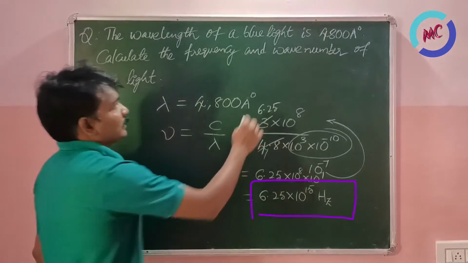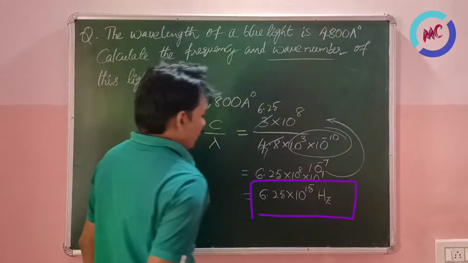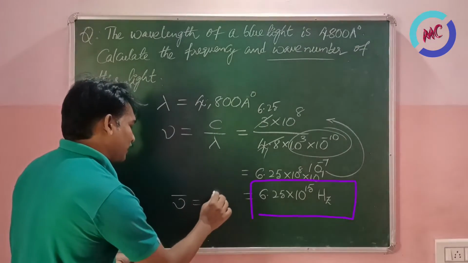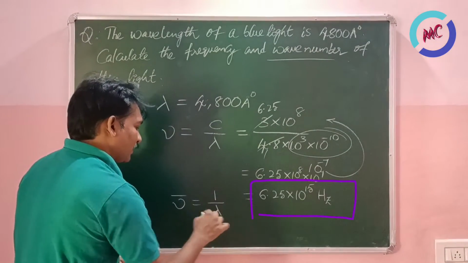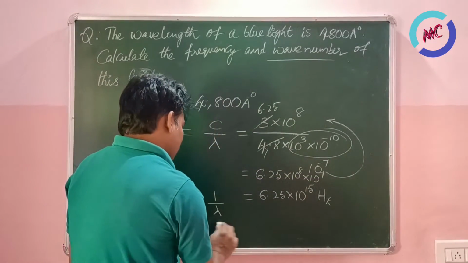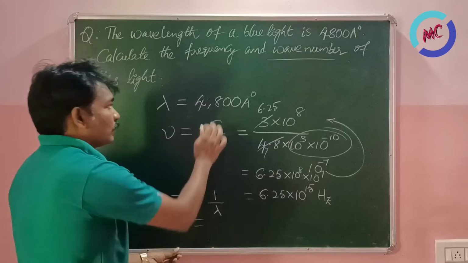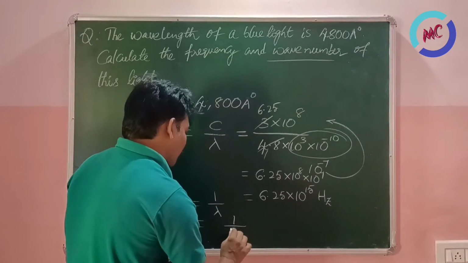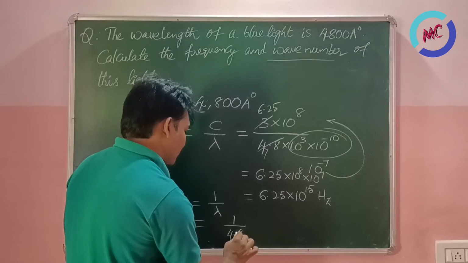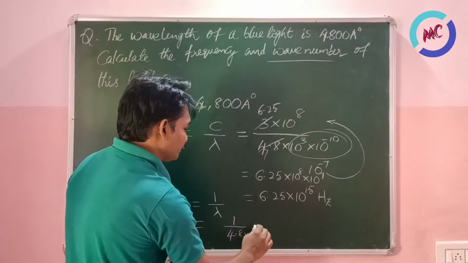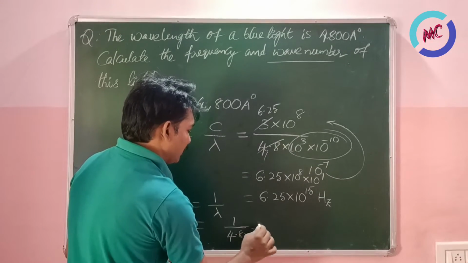And next what are they asking? They are asking wave number. What is wave number? Wave number symbol is nu bar. Nu bar is nothing but reciprocal of wavelength. See here, what is wavelength here? The wavelength is 4800 angstrom. In the sense 1 by, I can write it as 4.8 into 10 to the power of 3, and 1 angstrom is equal to 10 to the power of minus 10 meters.